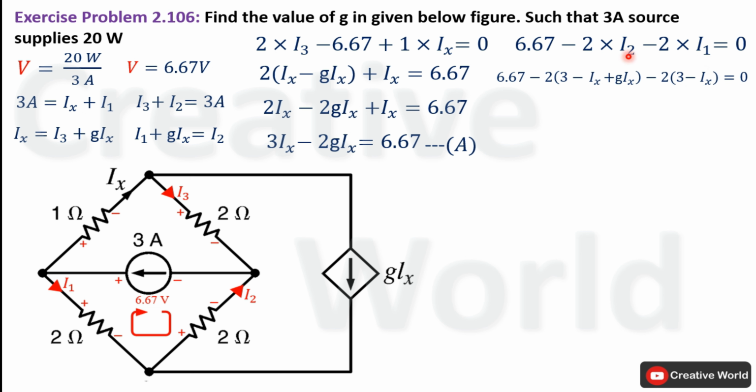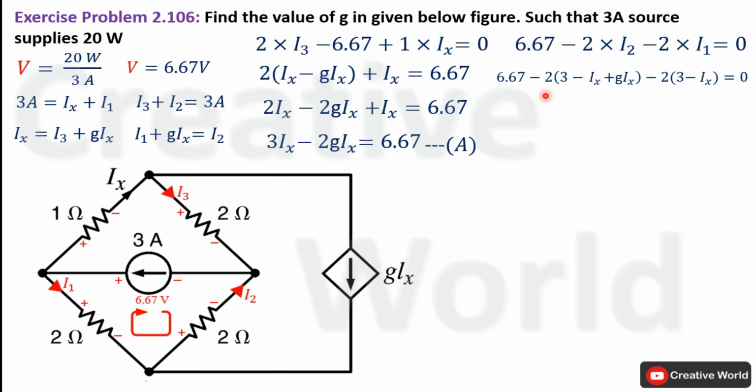Similarly, current I2 is equal to I1 plus Gix, and the value of current I1 is 3 minus Ix. So the equation for current I2 will be 3 minus Ix plus Gix. So replace I2 with 3 minus Ix plus Gix.